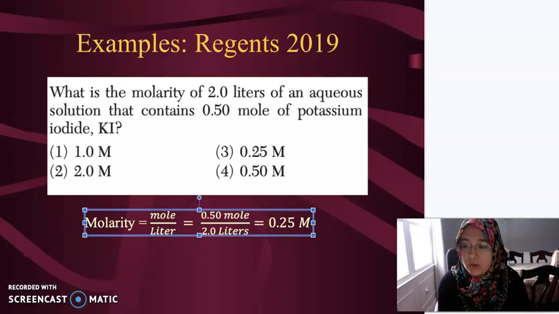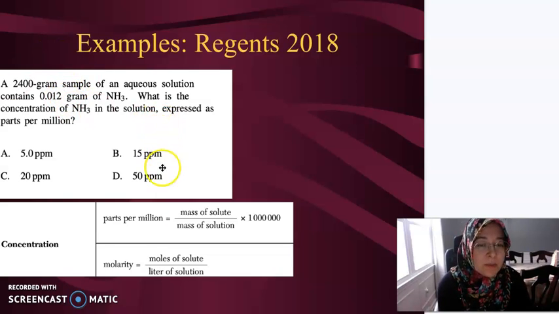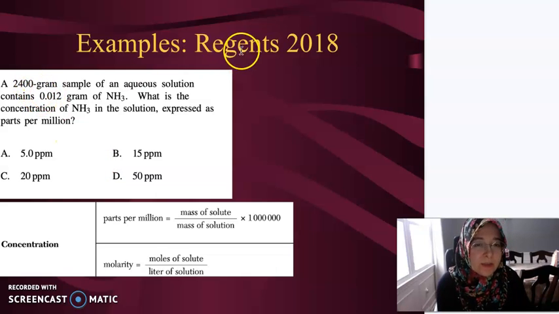Next question. Let's solve the next question. This one is part per million. We will use part per million. Let's read the question. This is Regents question, Chemistry 2018. 240 gram sample of an aqueous solution.